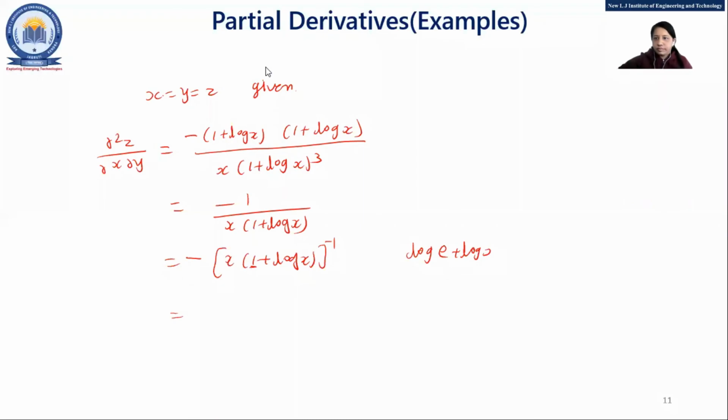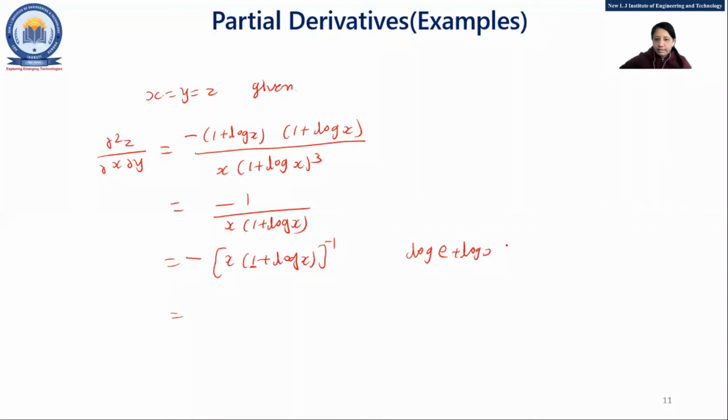Okay, so what is the thing here? Log e, 1 can be written as log e, and this is log x. So what we can write for that? Apply the rule for addition, right?